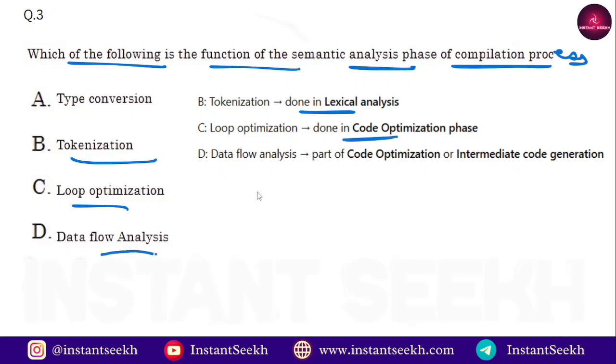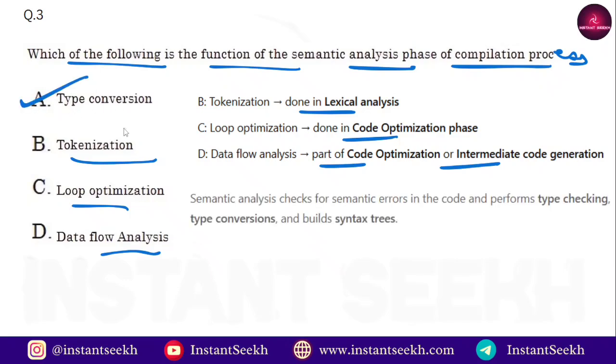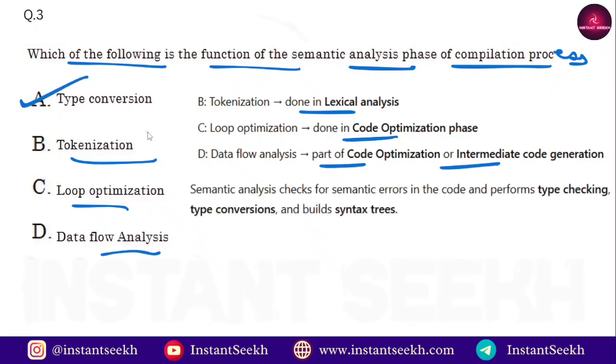Next, data flow analysis is part of code optimization or intermediate code generation. So type conversion is the part of semantic analysis. Semantic analysis checks for semantic errors in the code and performs type checking, type conversion, and builds the syntax tree. So your option A is the right answer for this particular question.